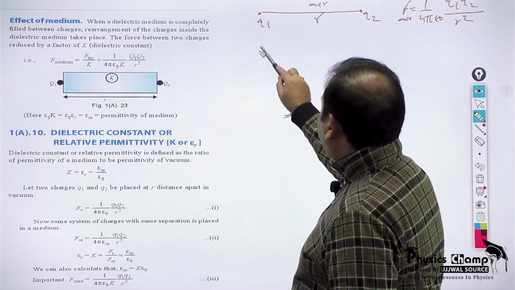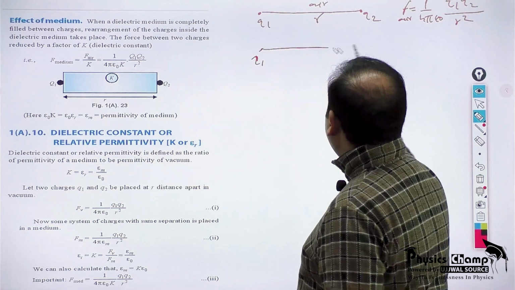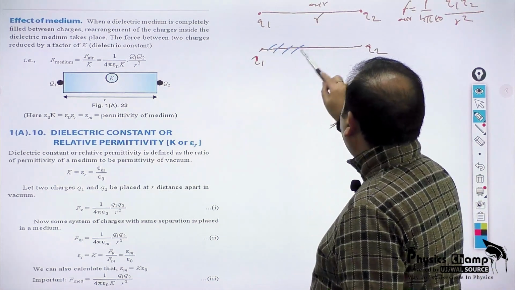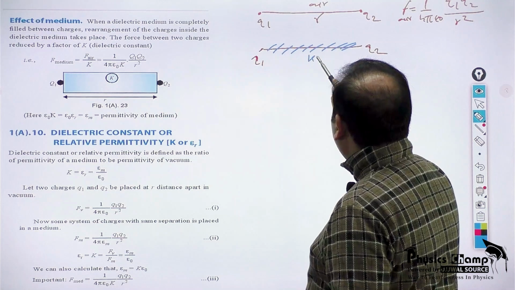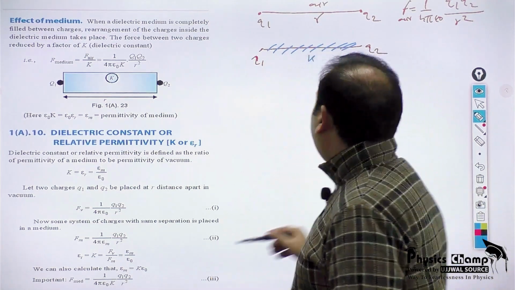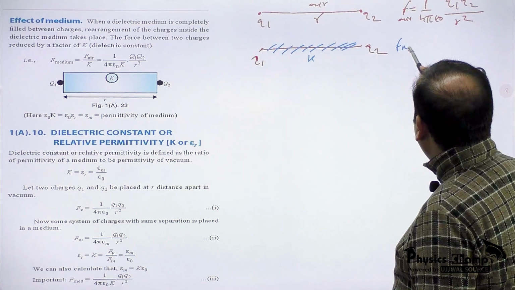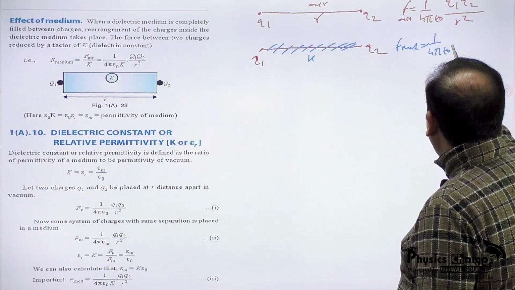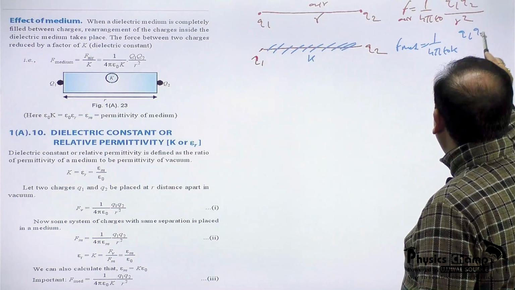On the other hand, if we have two charges q1 and q2 apart and a medium of dielectric constant K is introduced between them, the force between them in the medium would be 1 by 4 pi epsilon naught K q1 q2 by r square.